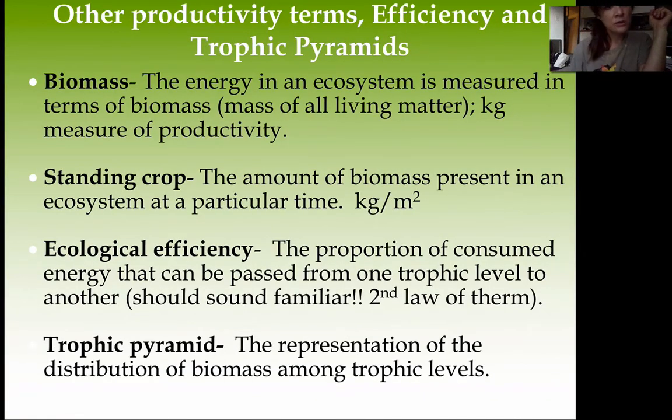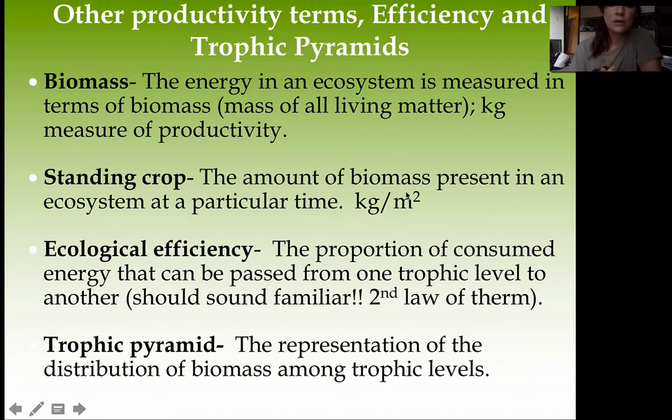These are terms that you want to know. There are all sorts of different measures of productivity in different units, for example. Biomass is the mass, grams, kilograms, of living things. Energy is a measure of energy in an ecosystem. The more biomass there is, the more productive a region is, right?